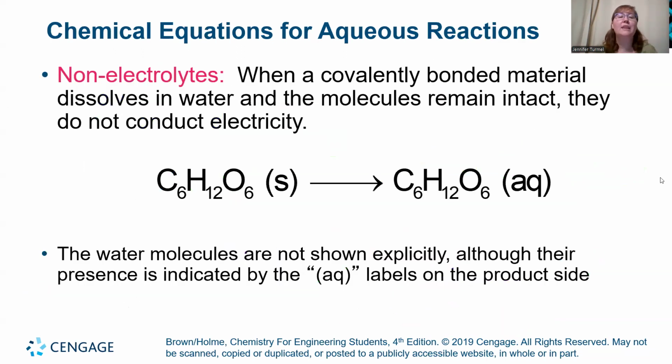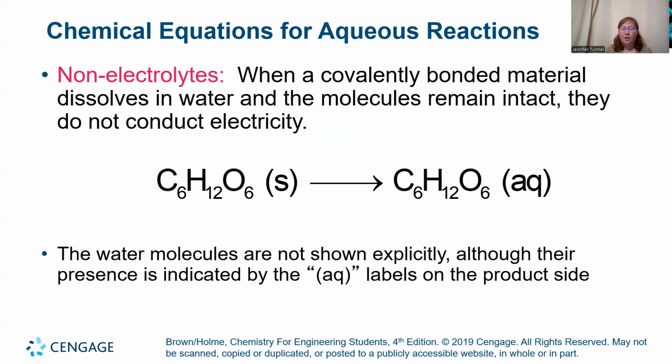All right, so now let's look again at our non-electrolytes. Non-electrolytes are covalently bonded materials. Many of them do dissolve in water, for example, sugar. This is glucose. They dissolve in water, but the molecules remain intact, and so they do not conduct electricity.